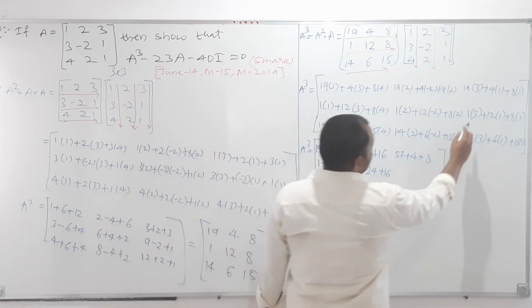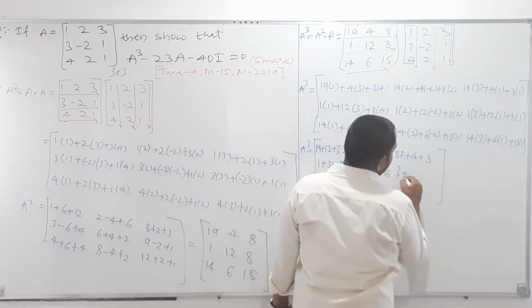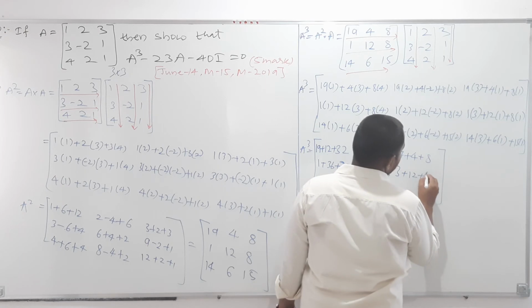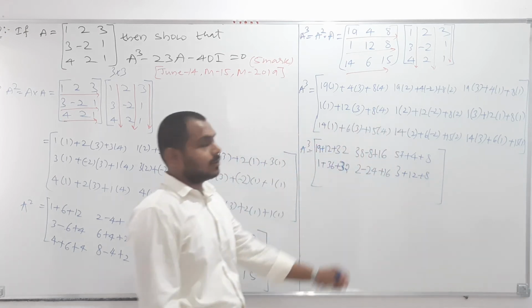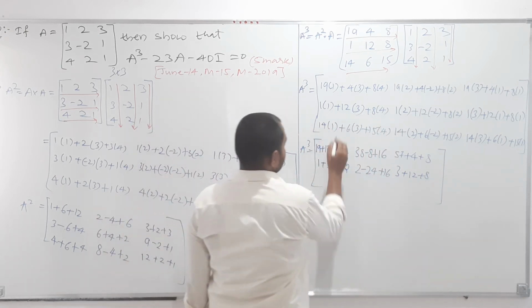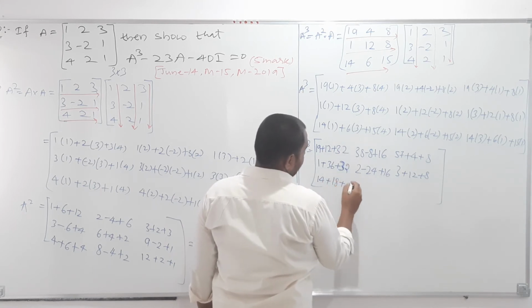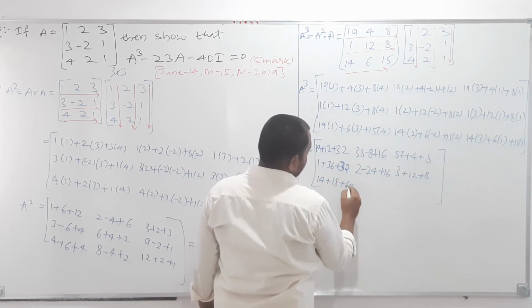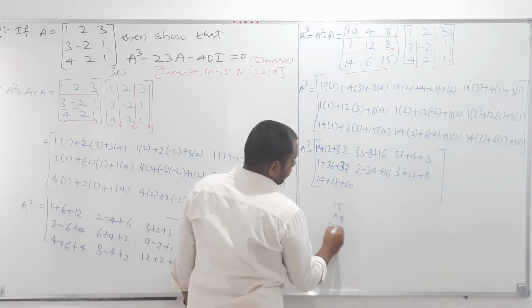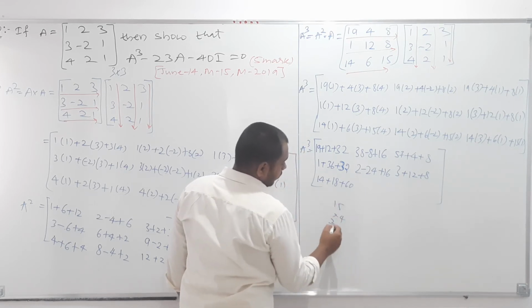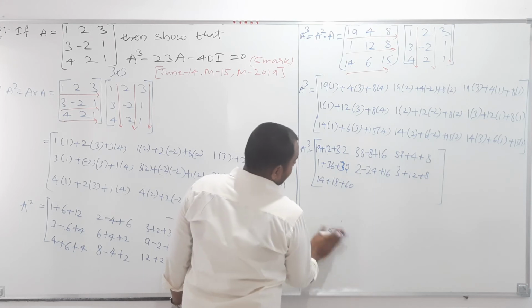Next, further, 3 into 1 is 3 plus 12 plus 8 into 1 is 8. Next, 14 into 1 is 14 plus 18 plus 15 into 4, that is 60.